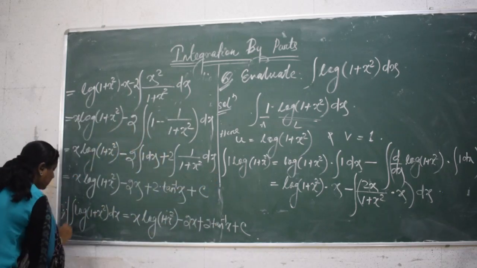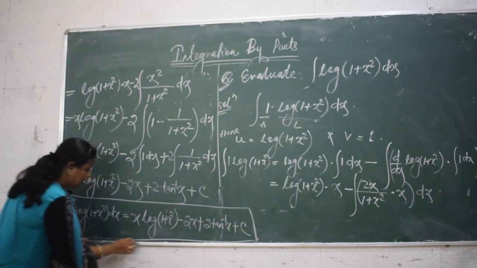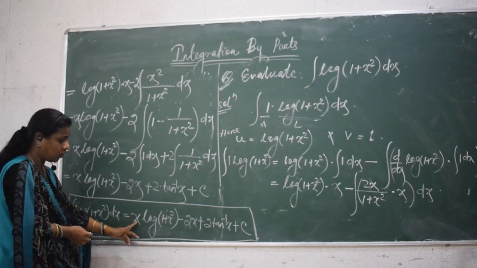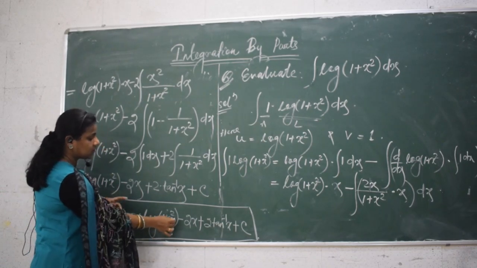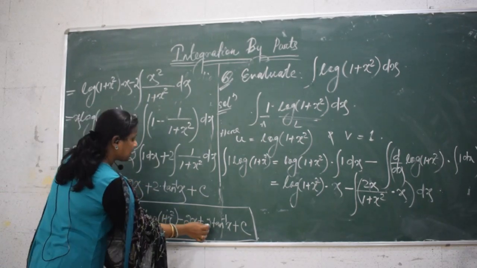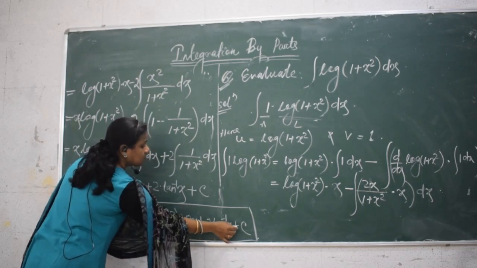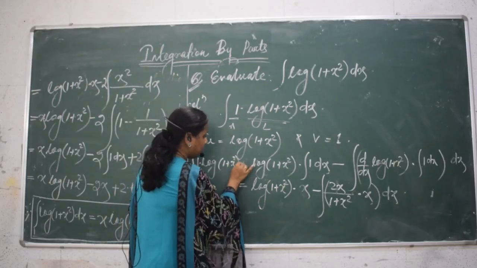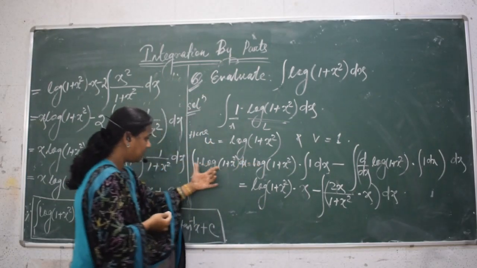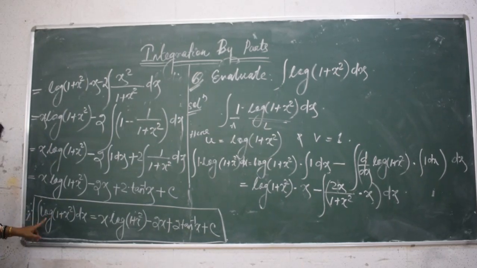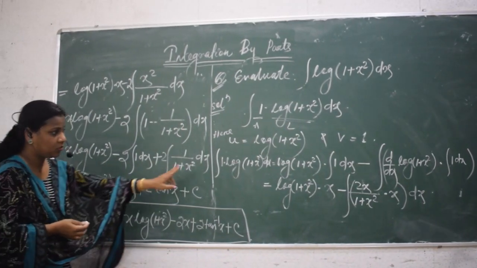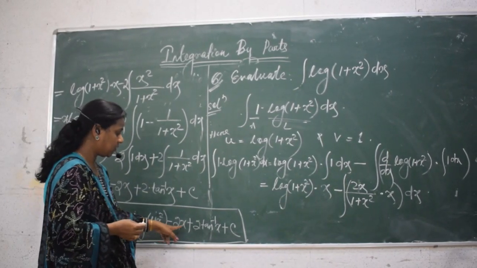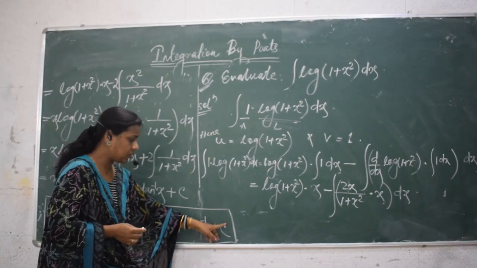So this is the answer of the integration of this function log of 1 plus x square dx, equals x into log of 1 plus x square minus 2x plus 2 into tan inverse x plus c. c is the integration constant. Here I forgot to write dx. Here I have written the integration of log of 1 plus x square, with respect to dx we are finding. So the integral of log of 1 plus x square dx equals x log of 1 plus x square minus 2x plus 2 tan inverse x plus c.